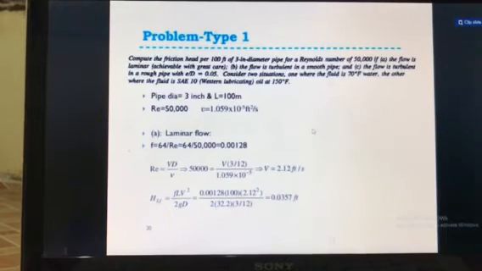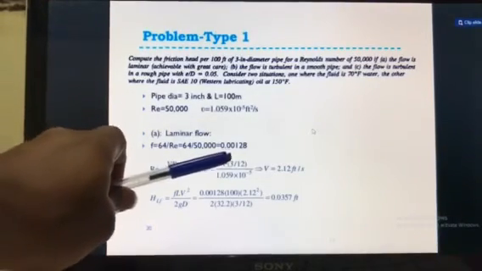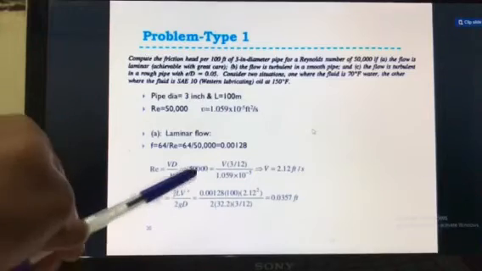For laminar flow we know how to find the friction factor: f equals 64 divided by Re, and as Reynolds number is 50,000, it will be equal to 0.0128.